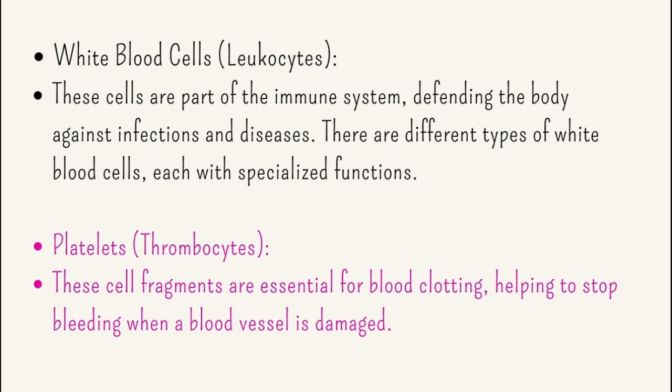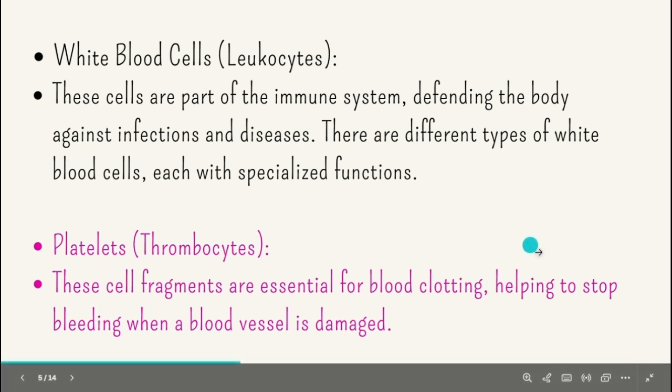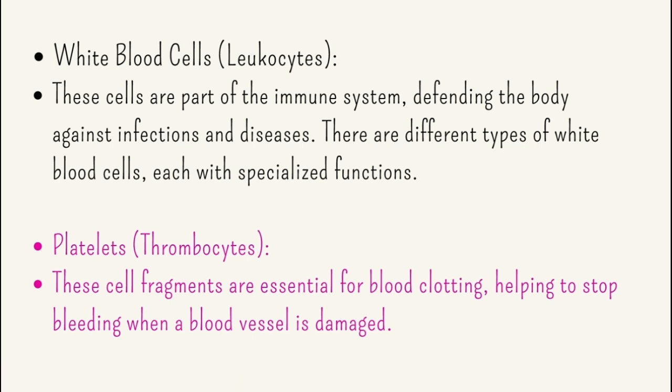So now, white blood cells. The main thing that you need to remember about white blood cells is that they fight infection and fight diseases, right? For example, if you get a cut, these white blood cells are literally what would rush to the area.